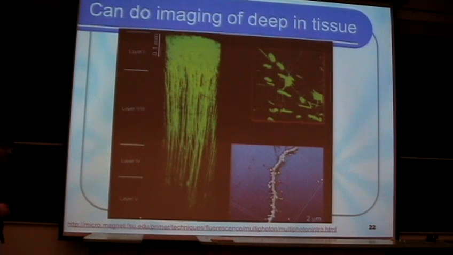So, unlike in the case of confocal microscopy, however, one can achieve much deeper imaging of the samples using this approach, because there are not so many losses due to scattering and absorption when this excitation is done within the near-infrared spectral range. And so in here you can see an example showing that it's even possible to image the samples as deep as of the order of 1 millimeter.